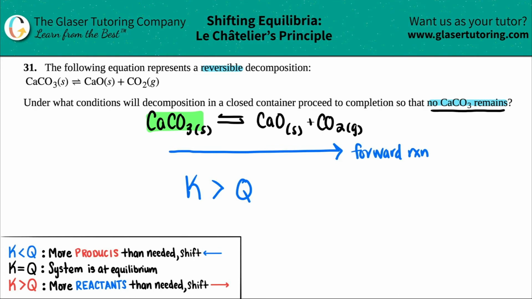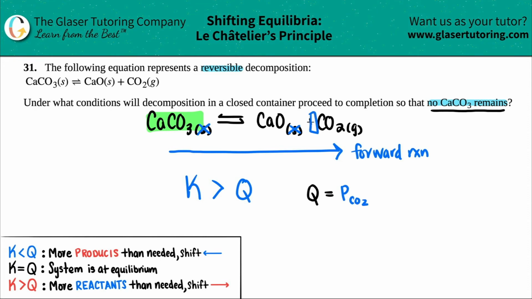Okay, so we're almost getting there. Remember, the Q is always the concentration of the products divided by the reactants, and solids and liquids don't count. This was a solid, so that's not going to be in our Q formula, and this is our solid, so that's not in our Q formula either. The gas is the only one that's going to be in the formula, and since it's in the product, it goes in the numerator. So Q is literally just equal to the pressure of the CO2.